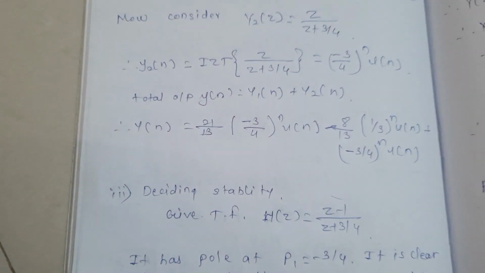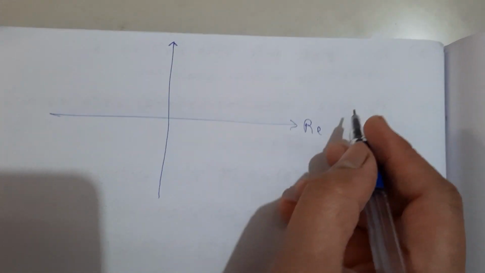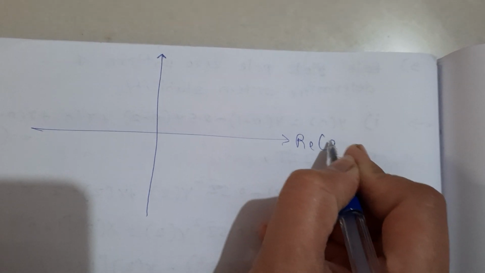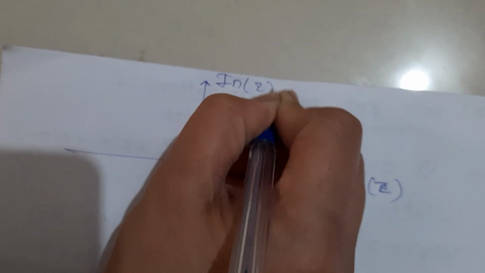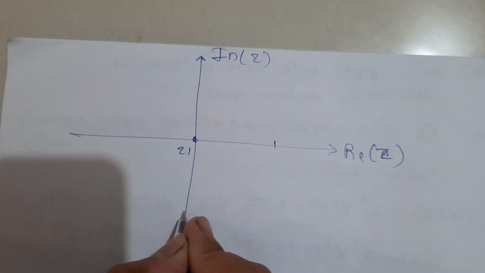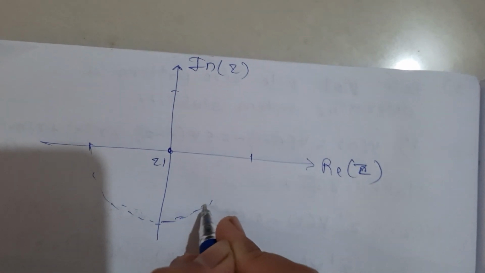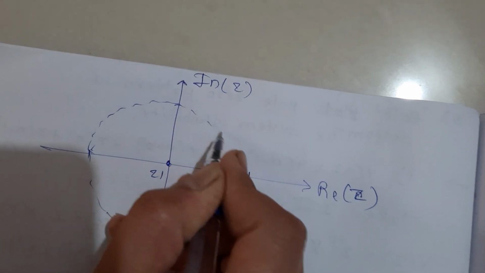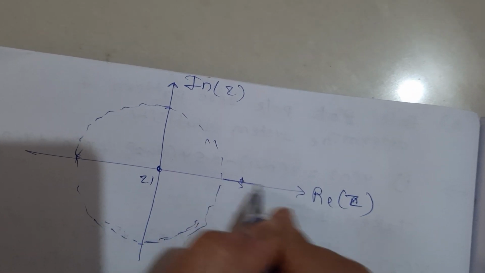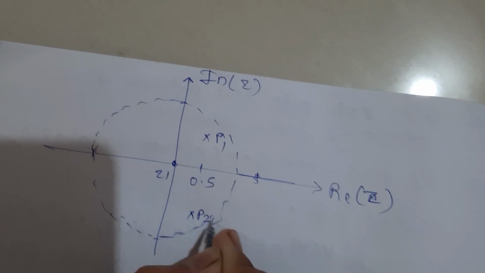So the pole zero plot we have to draw here. This is Z1, this is 0.5, this is P1 and this is P2.